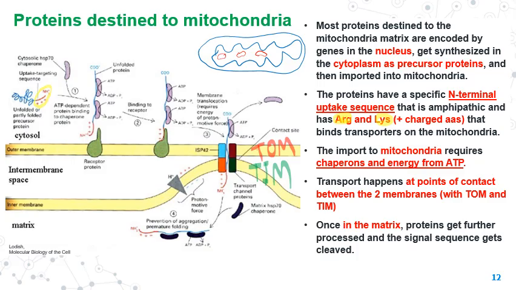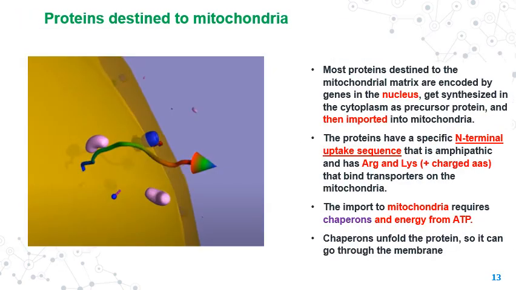Chaperones? So let's keep on going forward here. Here is a bit more of a picture of what is happening. You are going to make this peptide that has your zip code. The zip code here is shaped as an arrow because it's going to point to where it has to go for a target.